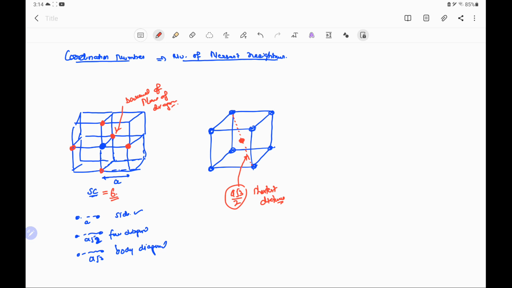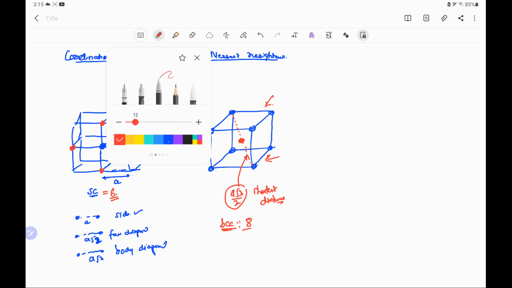Therefore, to this particular atom which is at the body of the unit cell, a total of 8 atoms are the nearest. So the number of nearest neighbors, or we can say the coordination number for the body centered cubic unit cell, will be 8. 4 in the lower side and 4 on the above side.